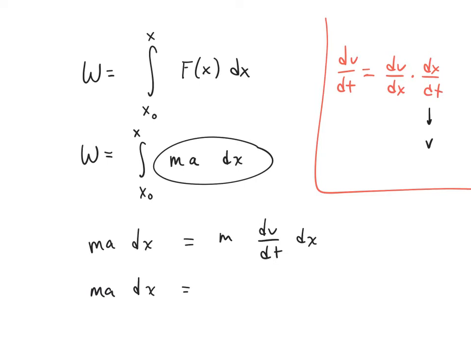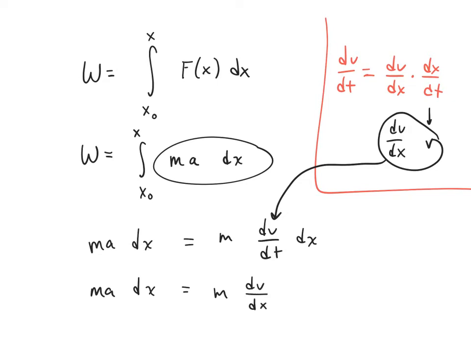So we've got m dv/dx times v times dx. Again, I'm replacing dv/dt with dv/dx times velocity.